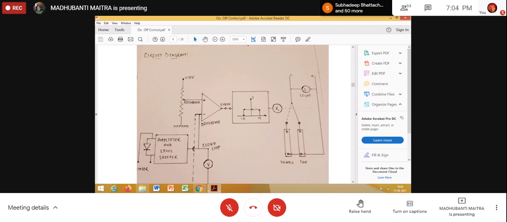And if I assume this to be the 1, the high level, then suppose we are moving in the direction of these arrows. Since at this point the output of the Schmidt trigger was 1, then after a while at this point the output will remain constant at 1, right? The values will change at this point and at this point. Am I clear?